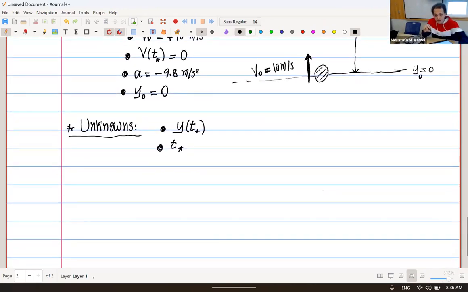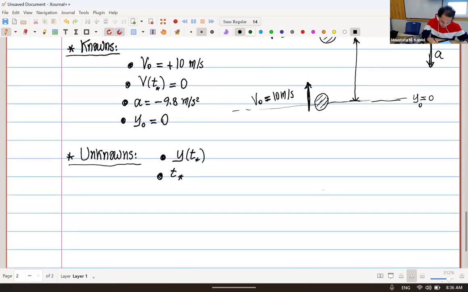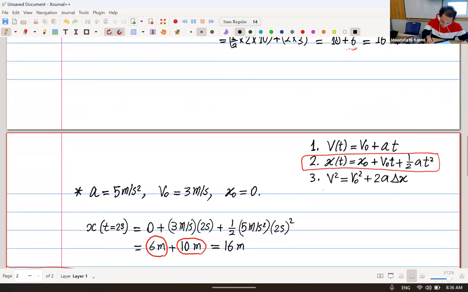So for the relevant kinematic equation in this case, let's copy the kinematic equations and look at them individually, to see how the process goes when we are solving an actual problem.